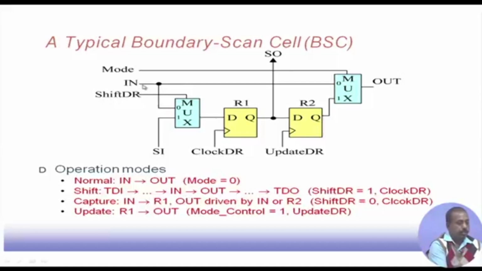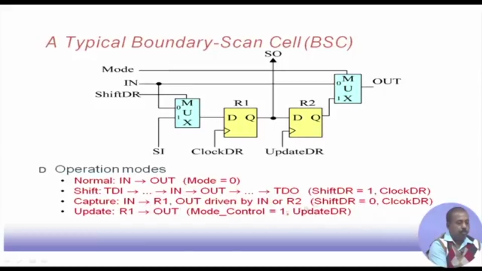If this bit is 1, then the bit will be coming from this shift input. If it is 0, then the input will be coming from the circuit functional input in. This value is getting transferred with clock DR. So, shift DR equal to 1 and clock DR equal to 1 will put this SI, the serial input, into this register R1.